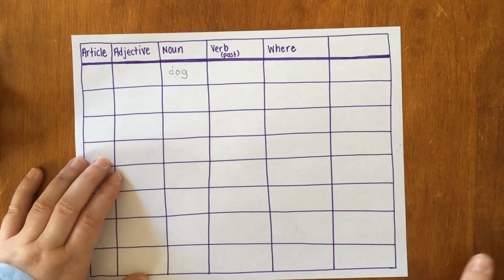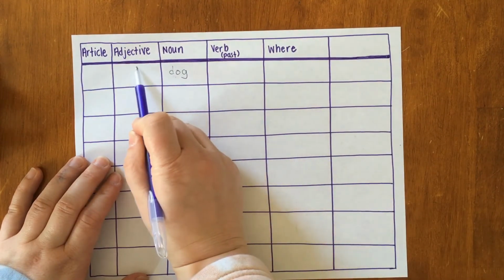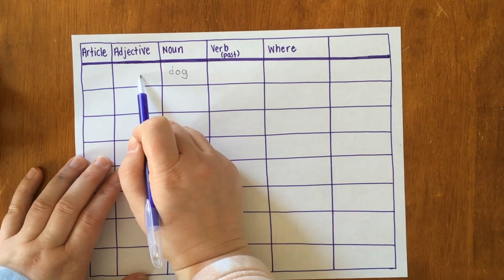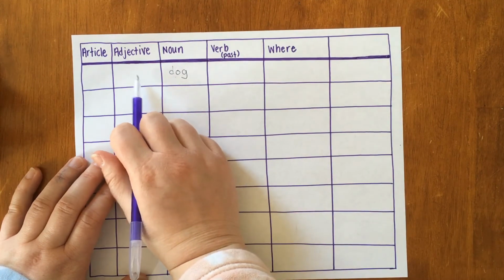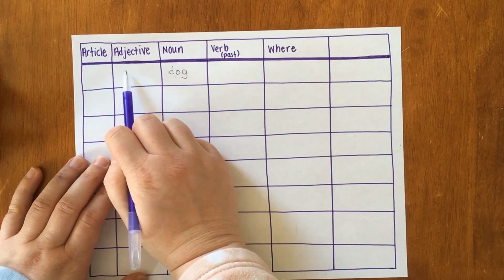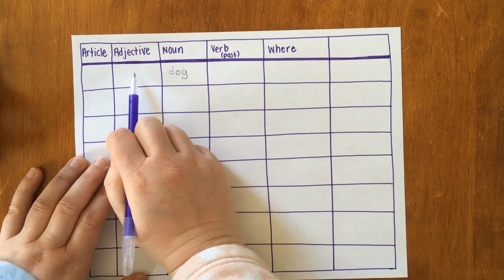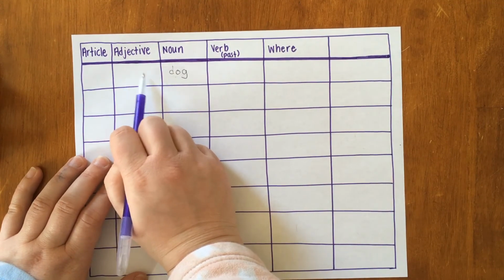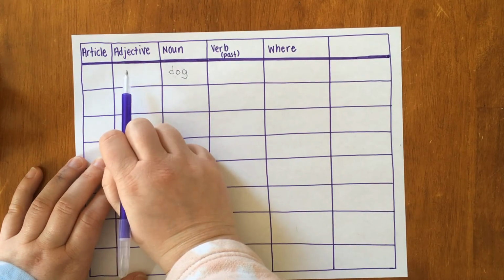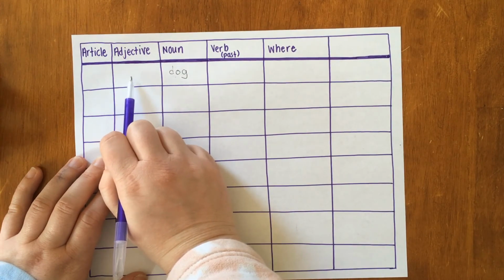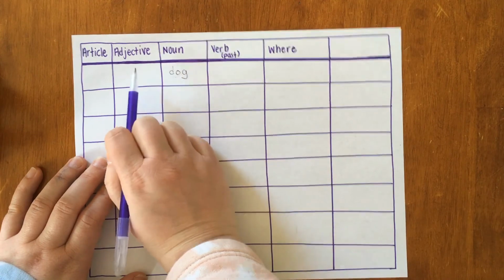And then what I want to do is jump to my adjective column and describe my dog. So I could talk about her size. She is large. She's a large dog. I could talk about her color. She is a brown and red dog.